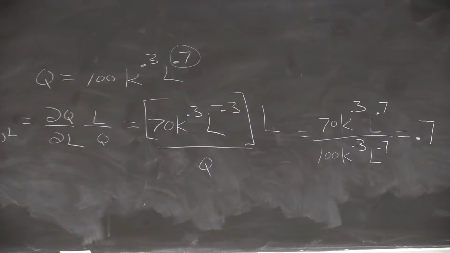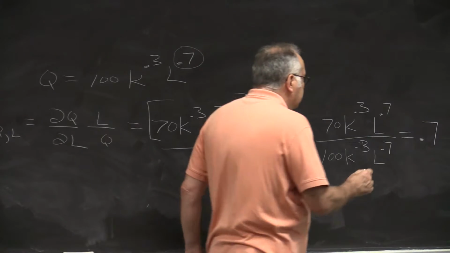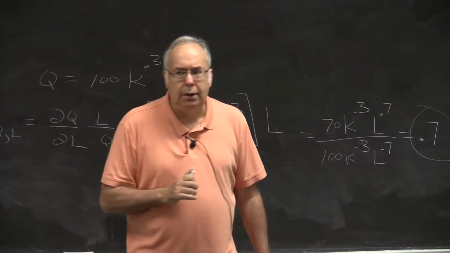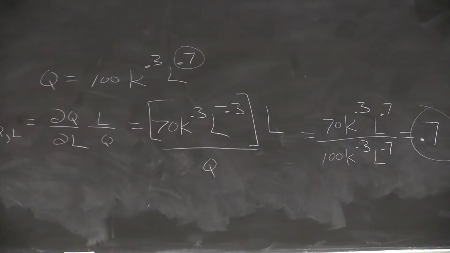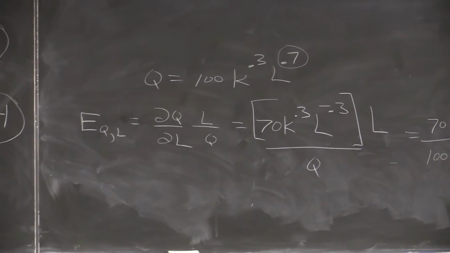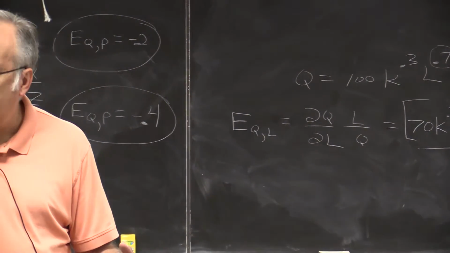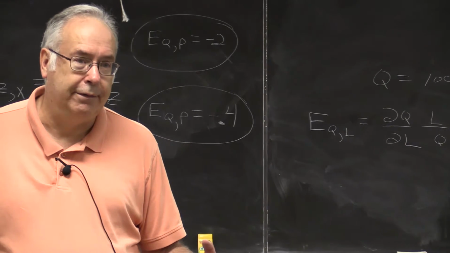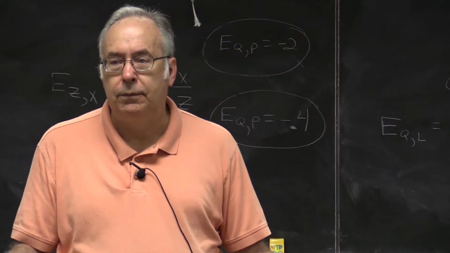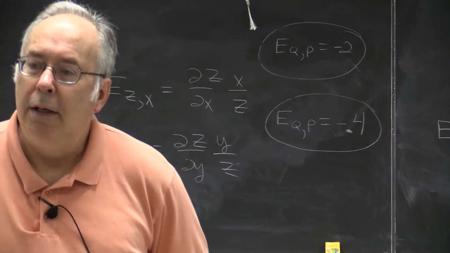So in words, what does this mean? I'm always going to ask you this on the exam, because if you know how to get the right numbers, but you don't know what they mean, then that's not enough. So what does this 0.7 mean? If labor increases by 10%, quantity will increase by 7%.